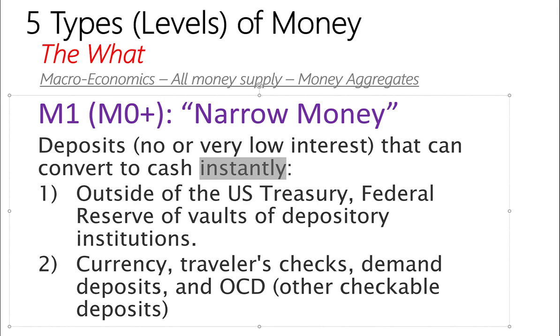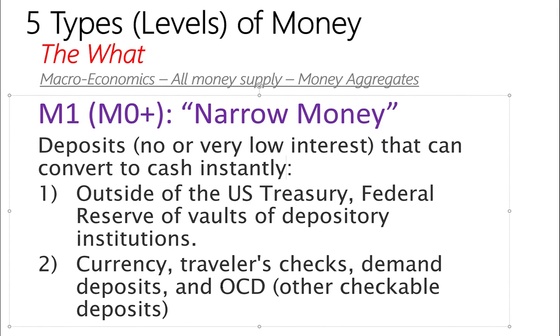Really your savings account is pretty liquid, but theoretically, if it's supposed to be a savings account, it's supposed to be over time. So that won't be included in this. A demand deposit would be your checking account, and anything that you can access instantly, the cash out of that checking account without really any reservations.